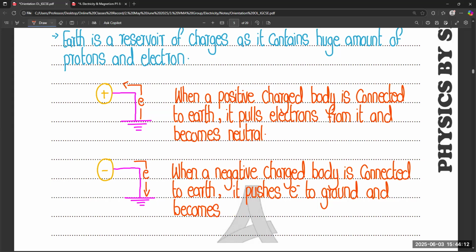So this is the process that takes place in the negative charge body and in the positive charge body.